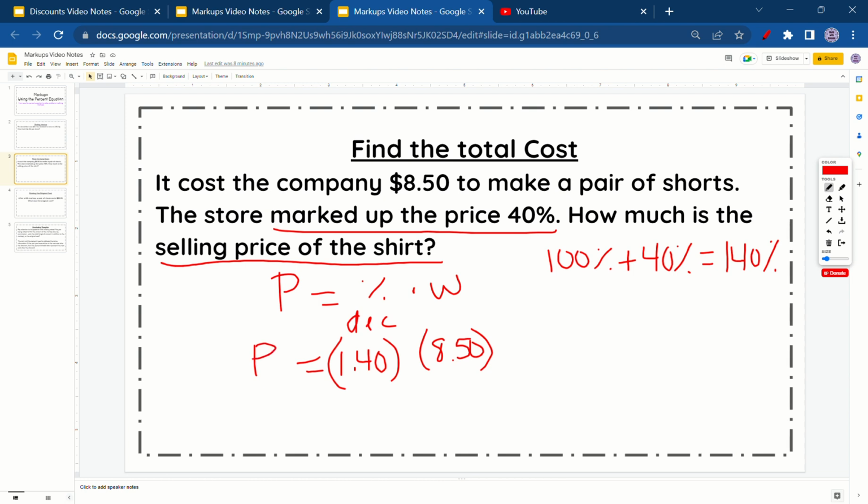You can also think of it like the part is the cost of the shirt with the markup. Right? And then this percent is the percent of the original cost, which is 100%, plus the markup.